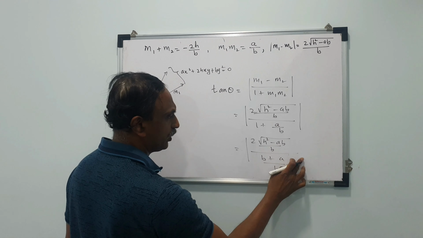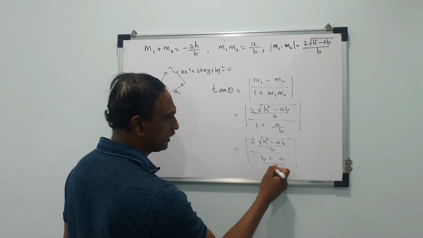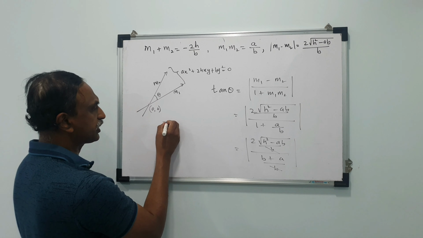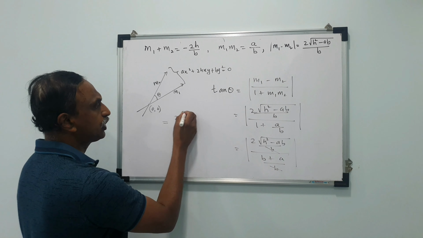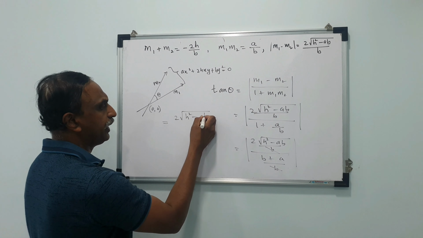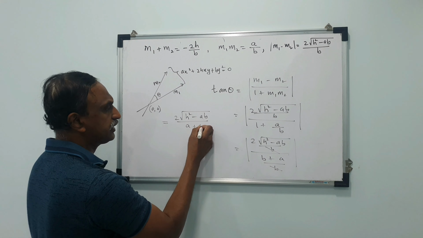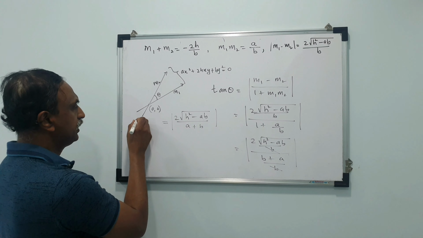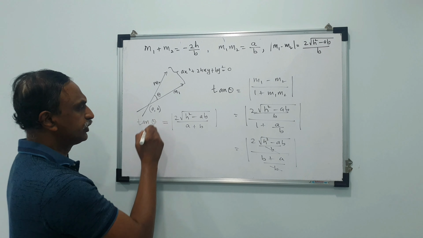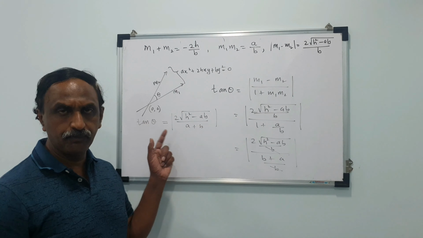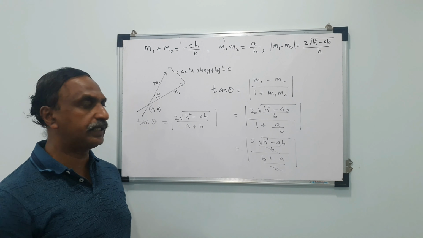Therefore, both the b will get cancelled. And here is the most interesting formula, that is 2 root h square minus ab upon a plus b. This is the formula to calculate the angle between the two lines. So we can calculate the value of tan theta. From tan theta, we can find out the value of theta.